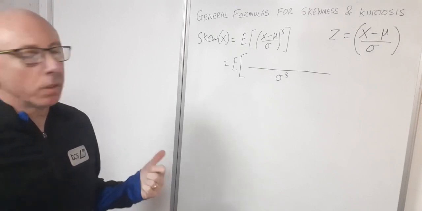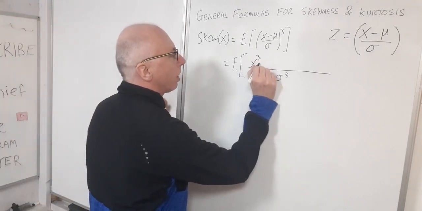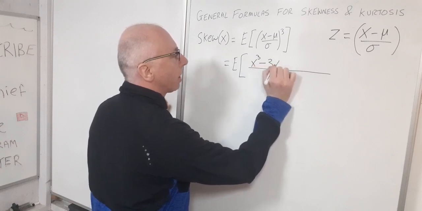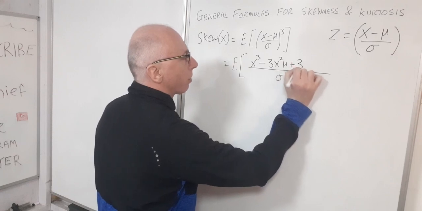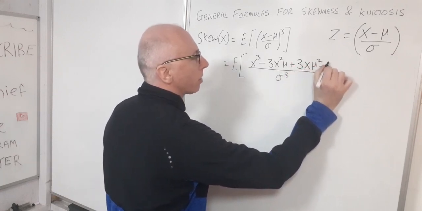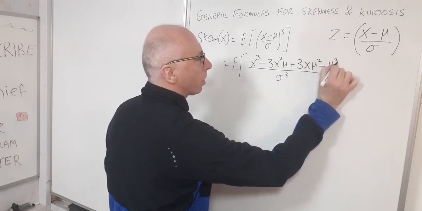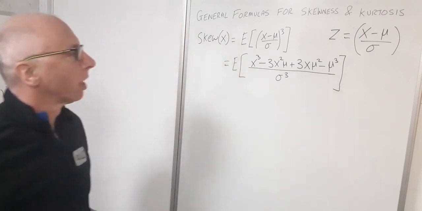Now we use the binomial expansion, we'll end up with x cubed minus 3x squared mu plus 3x mu squared minus mu cubed. So that's what we'll get when we expand that out.